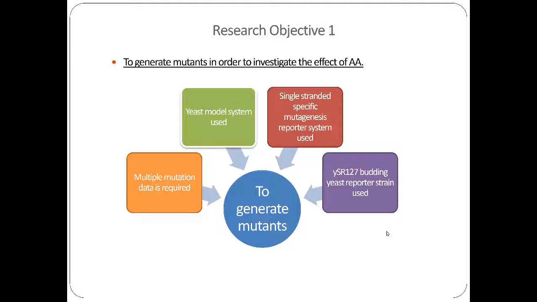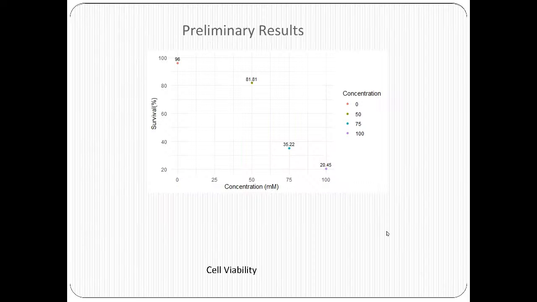For the first objective, we generate mutants to find the effect of acetaldehyde, and for that we use budding yeast, a reporter strain, and the single-stranded specific mutagenesis reporter strain is used in order to generate multiple mutations.